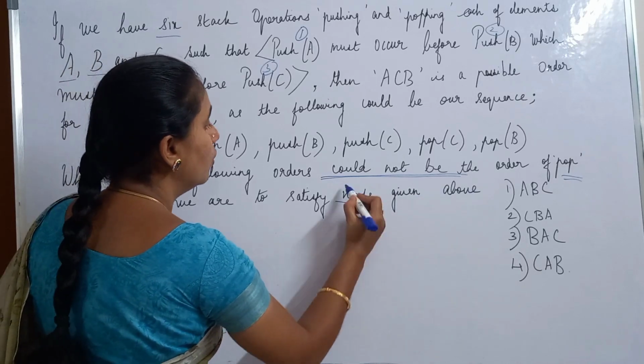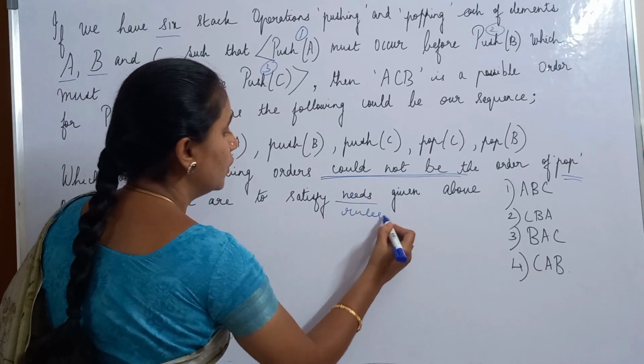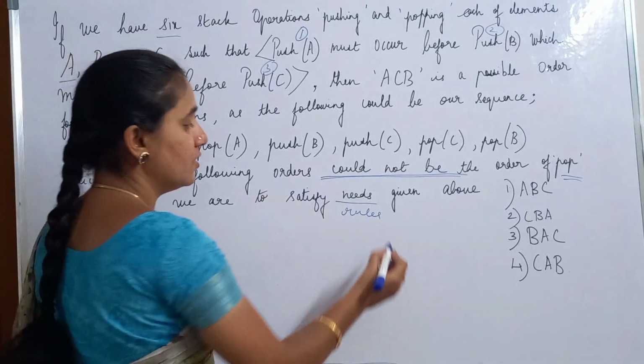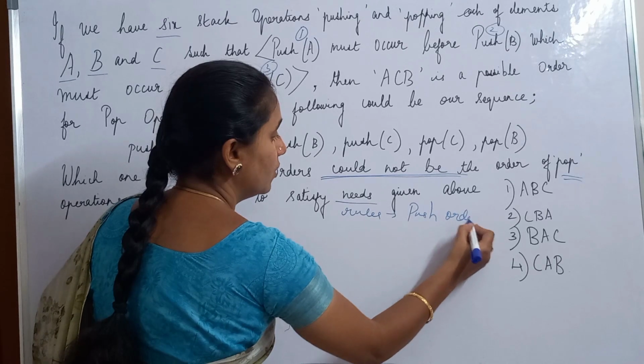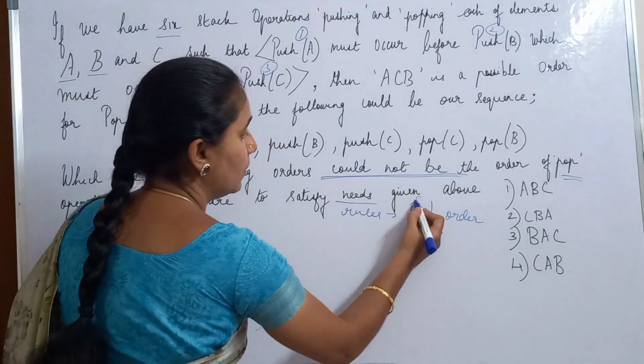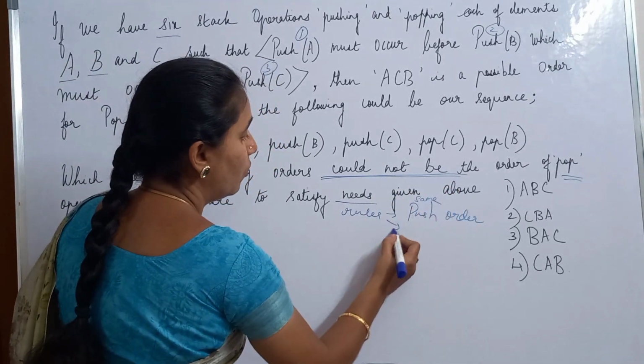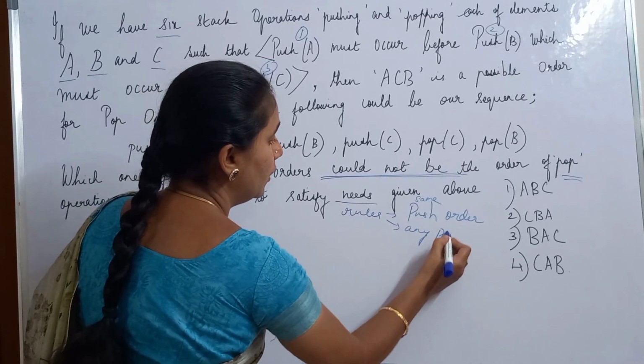Needs are nothing but the rules given in the question. The rule is that we should use the same push order, the same push order must be implemented. The pop order may be any pop order.